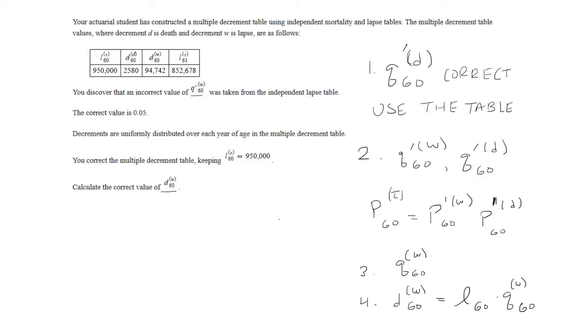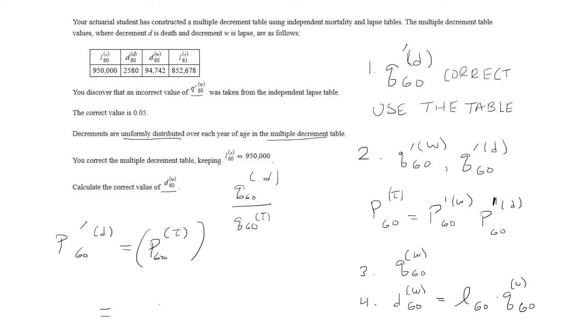Okay, so let's start with the first thing. We're going to use this formula for P prime 60 for decrement death. And the reason I'm using this formula is because we have a uniform distribution over the multiple decrement table. So this is the formula. Okay, so the total probability of surviving, well, we can just use a table.